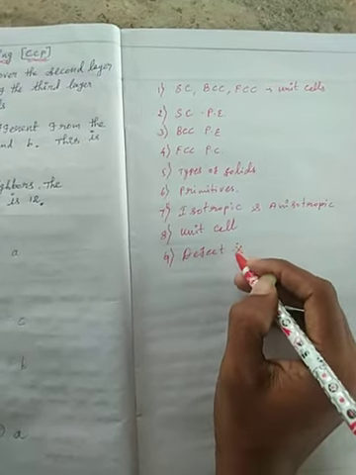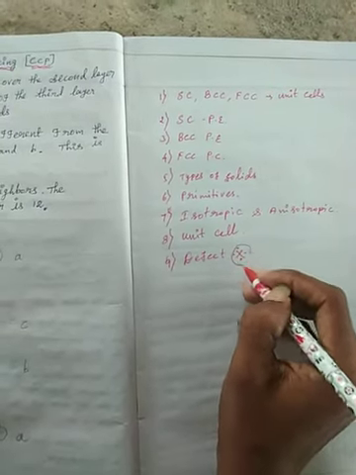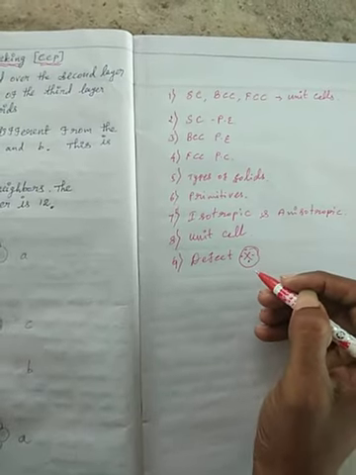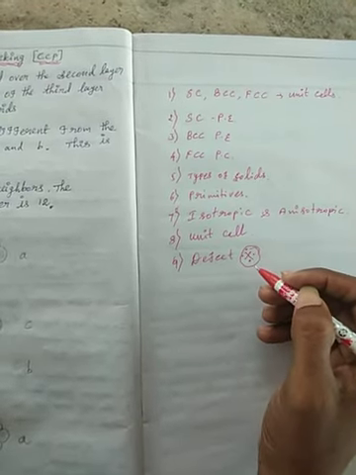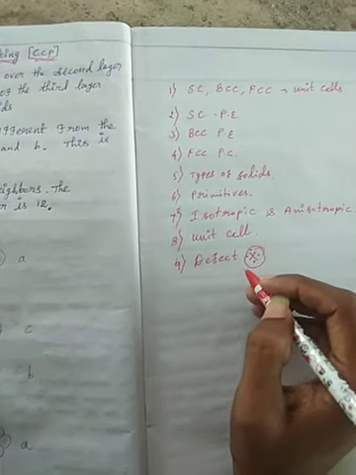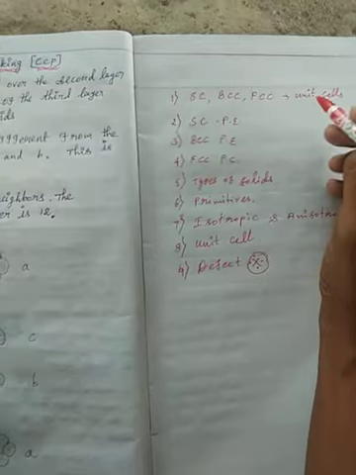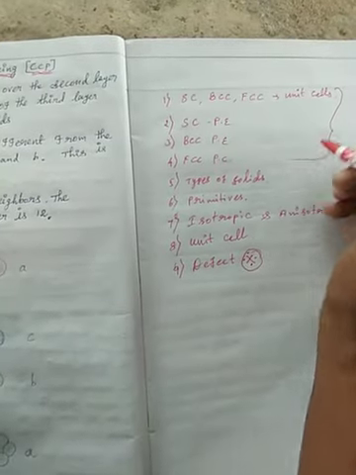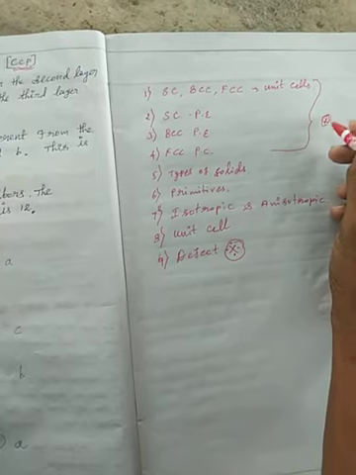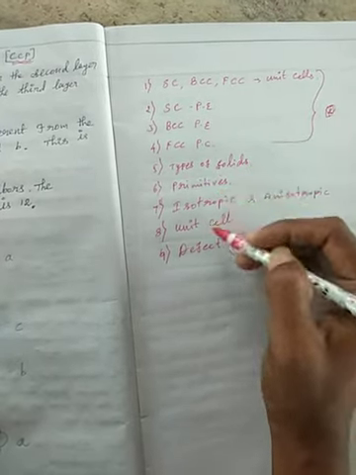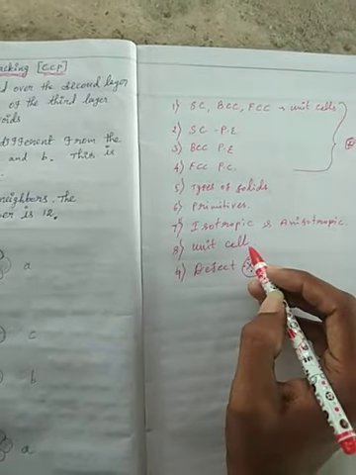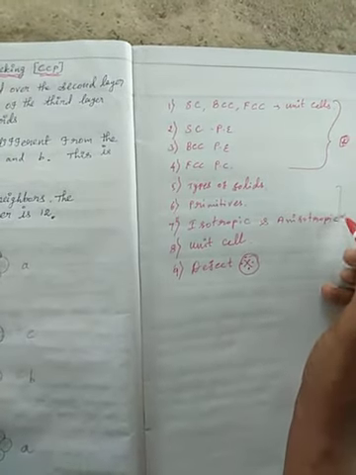Any one question on defects may be present, and any one question from the first four types, solids, primitives, isotropic and anisotropic, and unit cells, may also follow.